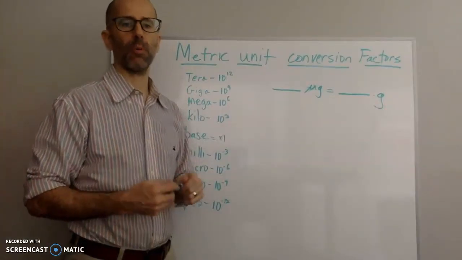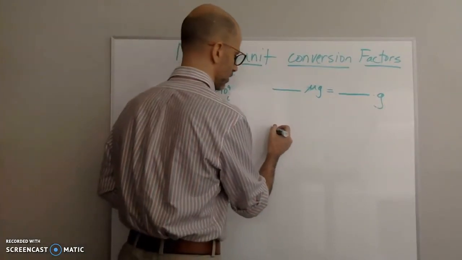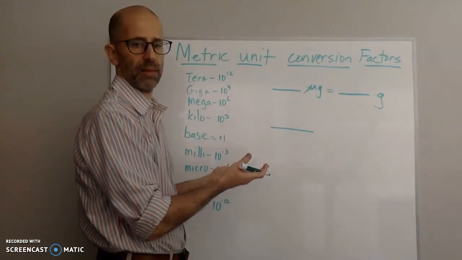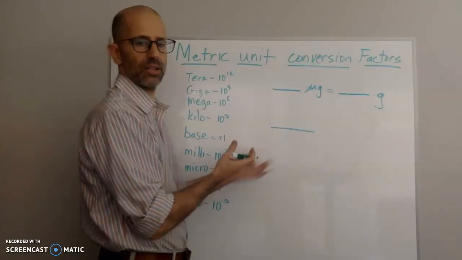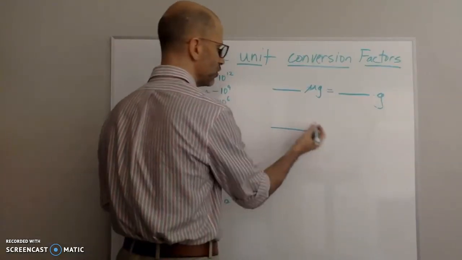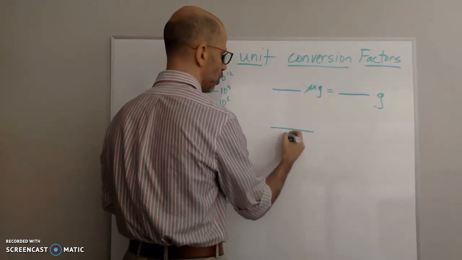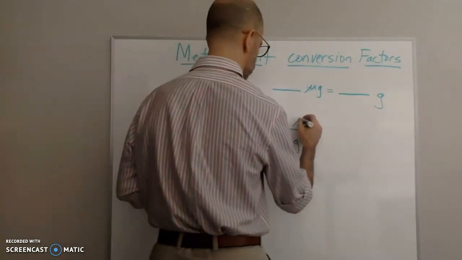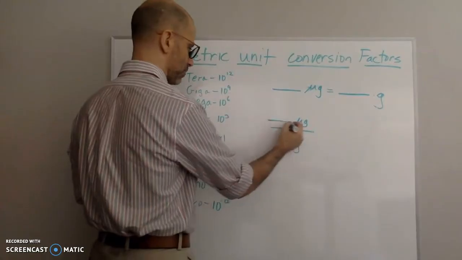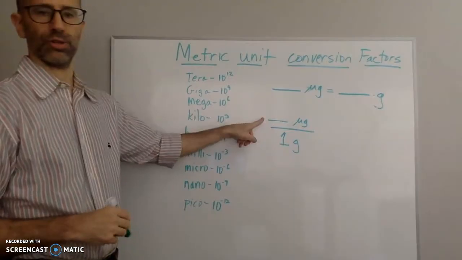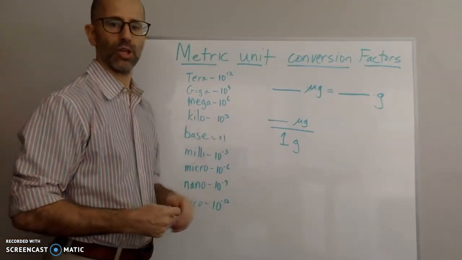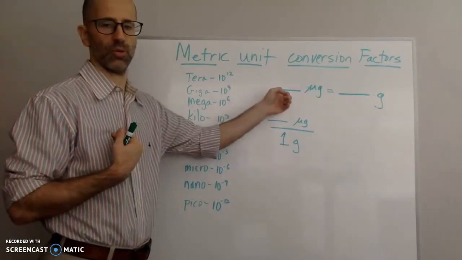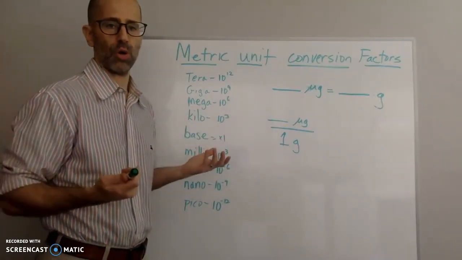So, for example, maybe they give you the conversion factor, but it's only partially filled. So they give you 1 gram on the bottom, and then they give you micrograms on top, and they want you to fill in the blank, right? So in this case, I don't have the choice of putting the 1 with the microgram. So what do I do?